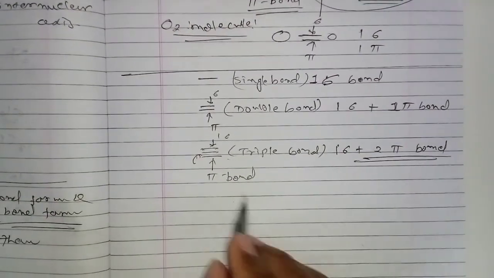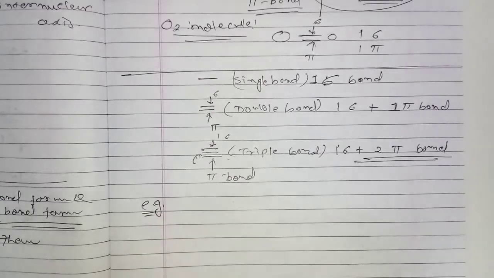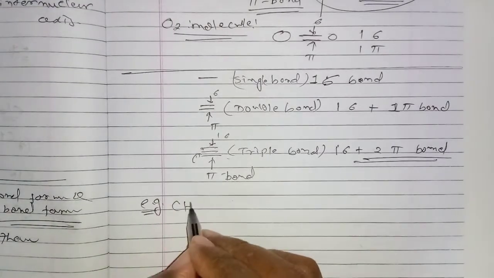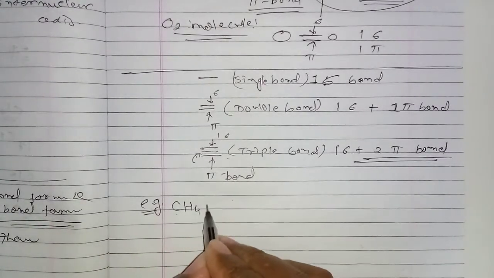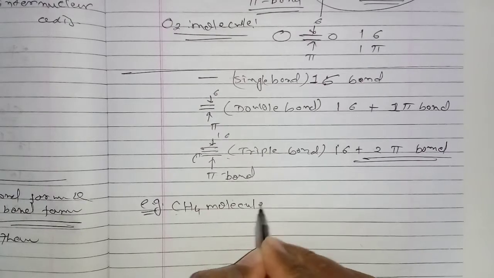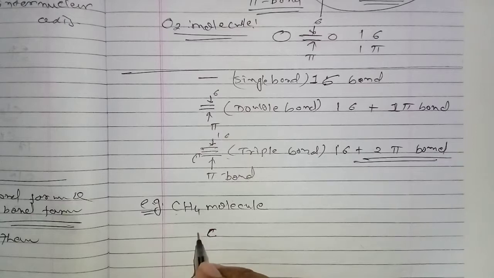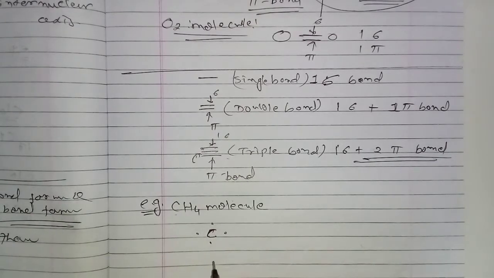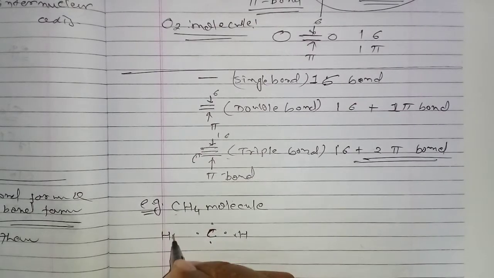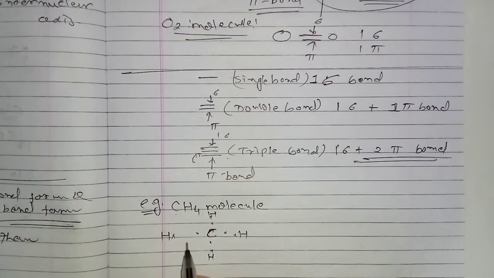For example, suppose in the methane molecule, carbon has 4 unpaired electrons, and hydrogen has 1 unpaired electron, so they share one electron.